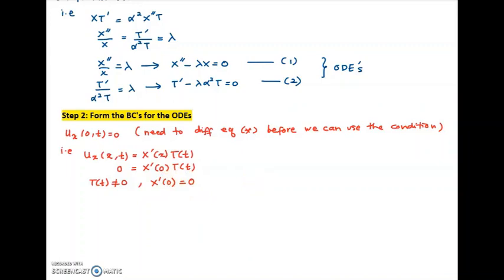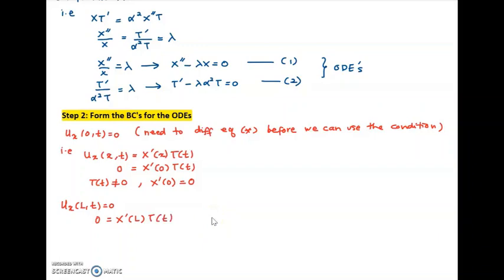Then we have the second condition, u_x(L,t), which is also equal to 0 at the right point. Based on the equation that we differentiated here, at the left hand side again we have 0, and at the right hand side we have X prime of L, because at this condition the value of x is L. So we have X prime of L and then T of t.